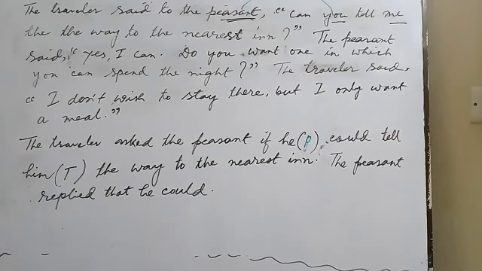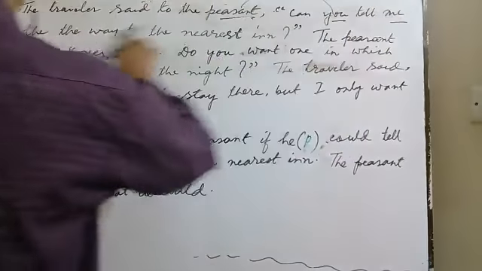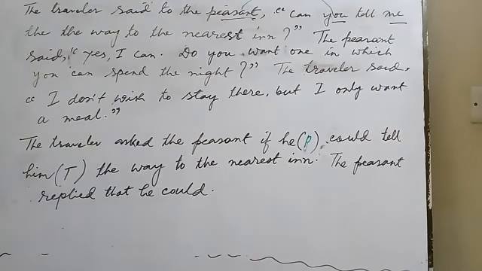I repeat, the peasant replied that he could tell him, that is the traveler, the way to the nearest inn. That would be perfect. But I think if you write he could, it is not a mistake. But he could means the answer.